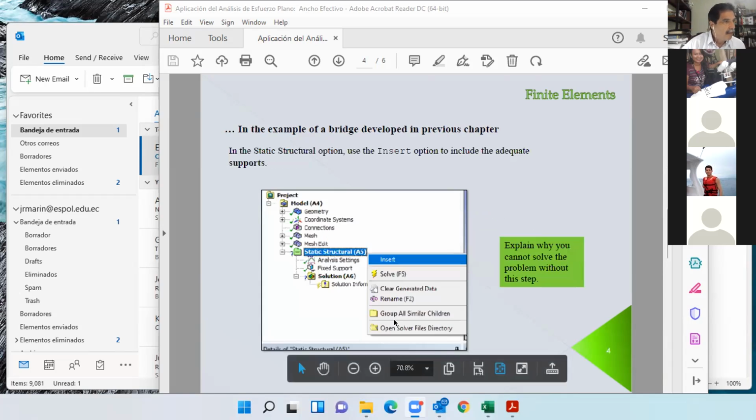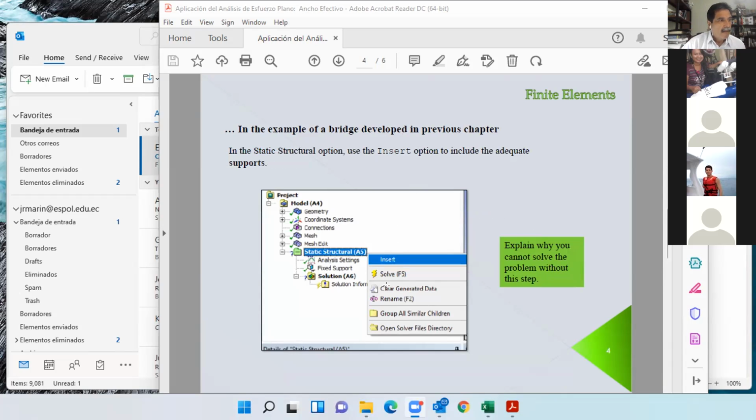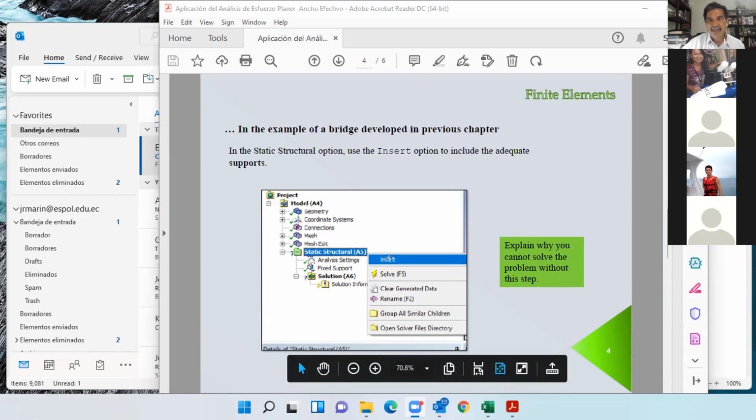Good. In the next step, you have to insert the supports. On the two ends of this bridge, we have simple support. Now, what do you think would happen if you do not include this step in your process? Anybody?